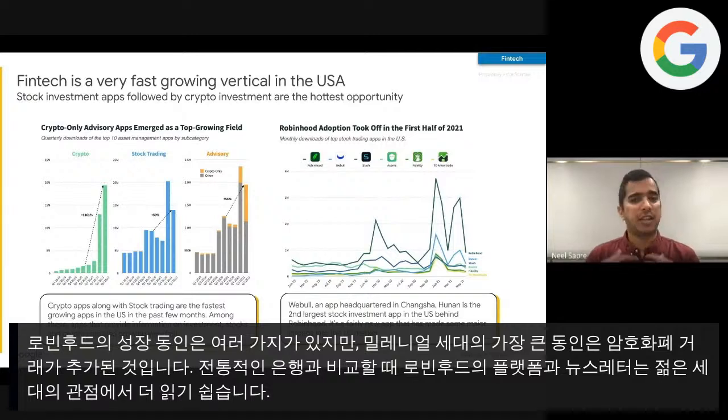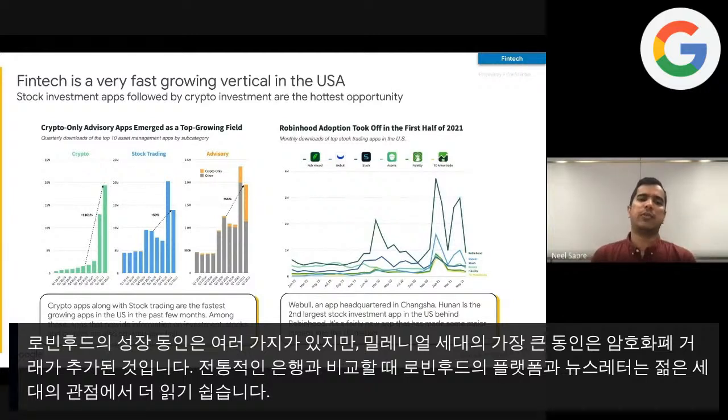And as I mentioned previously, one of the biggest drivers of the growth of Robinhood has been its appeal towards millennials. One thing I really loved is reading the Robinhood newsletter. The newsletter is full of memes, puns, and a lot of jokes, and it's very lighthearted, something that a millennial can easily understand and get into, as compared to traditional banks where newsletters are thrown with jargon and a lot of numbers that millennials might not find very comfortable going through.